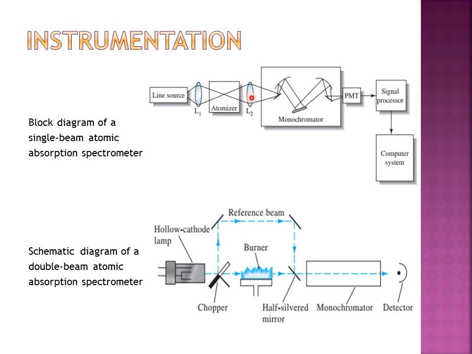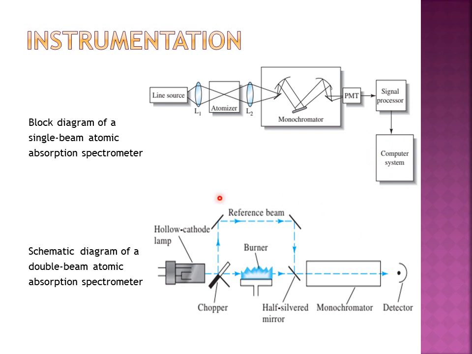These radiations are then sent to the monochromator, which is set on the radiations of our interest. It converts polychromatic light into monochromatic light, and then there is a detector, which is a photomultiplier tube, then there is a signal processor, and finally we get our result on the computer screen.